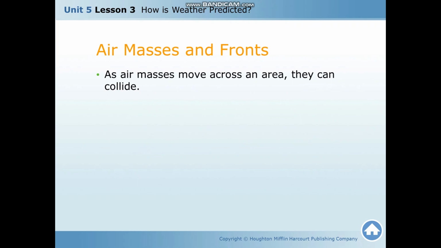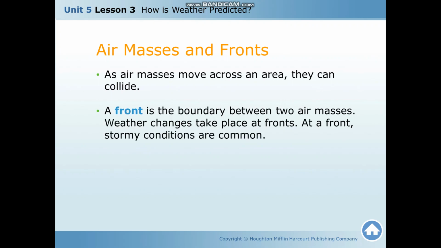As air masses move across an area, they can collide. When you say they can collide, they can hit each other, bump into each other. A front is the boundary between two air masses. So you have one air mass and another air mass, and the boundary between them is what you call a front.